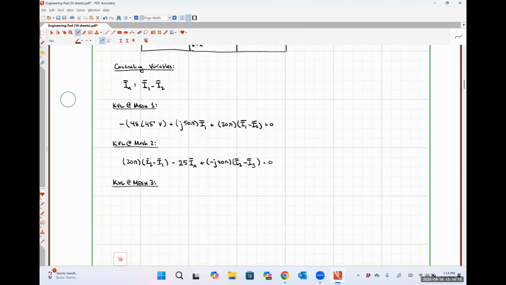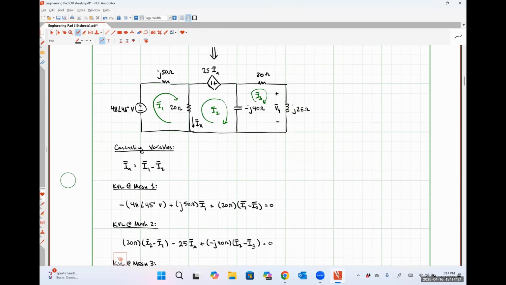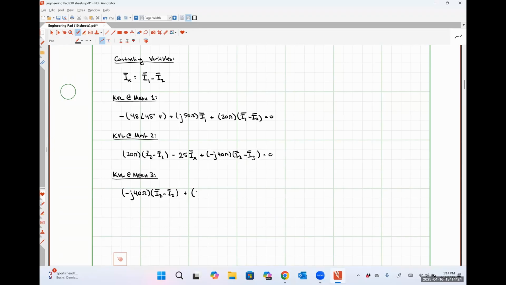That's going to look like minus j40 ohms times (I3 minus I2) plus 30 ohms times I3 plus j25 ohms times I3 is equal to 0. And I now have a four equation, four unknown system that I would use a computer to solve.